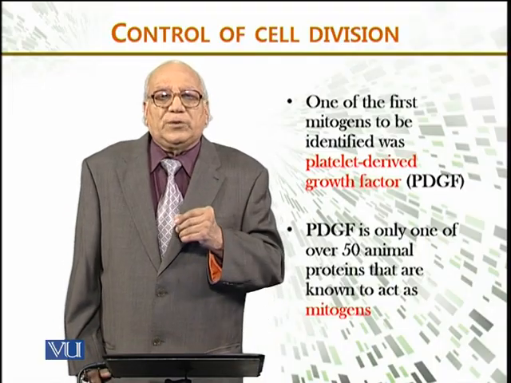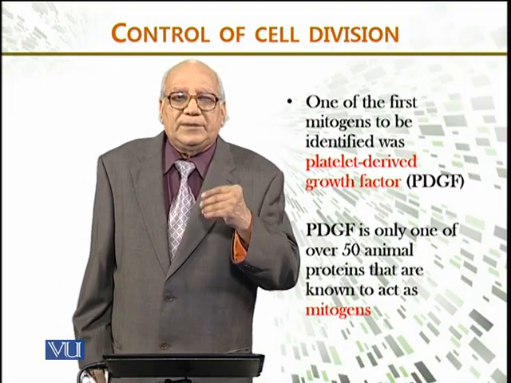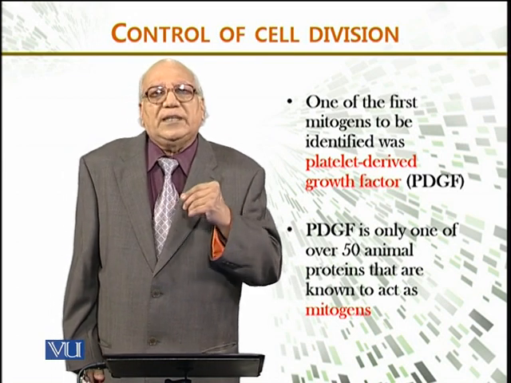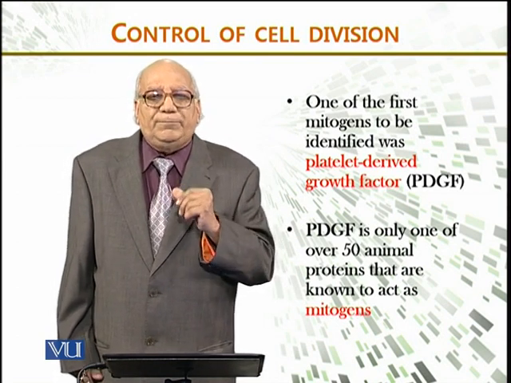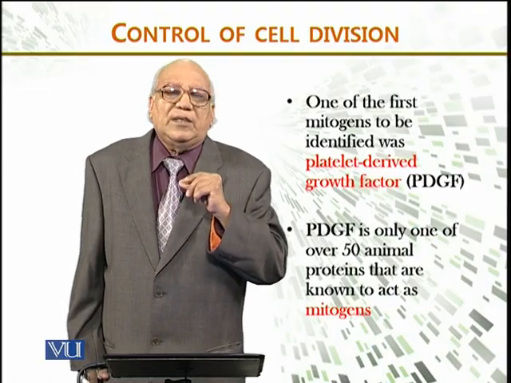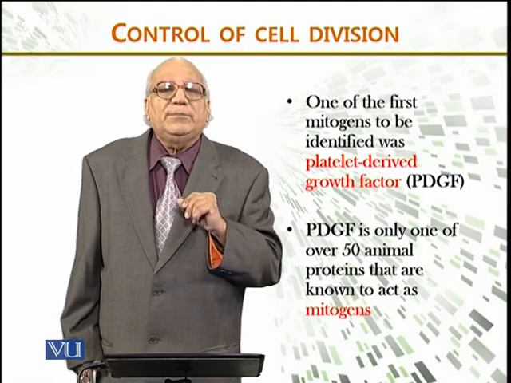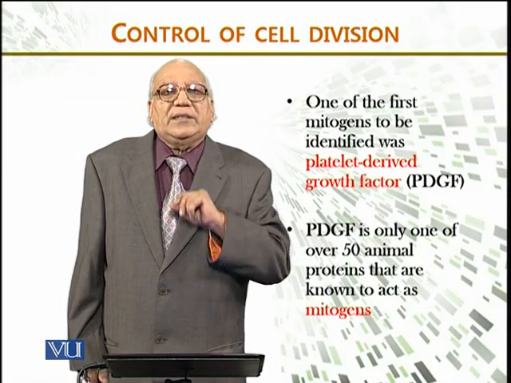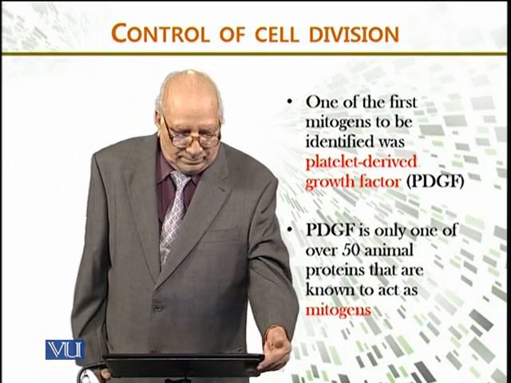One of the first mitogens to be identified was platelet-derived growth factor, that is PDGF. And PDGF is only one of over 50 animal proteins that are known to act as mitogens.